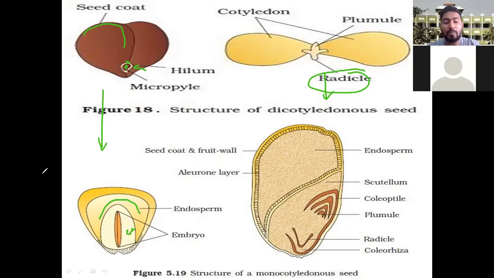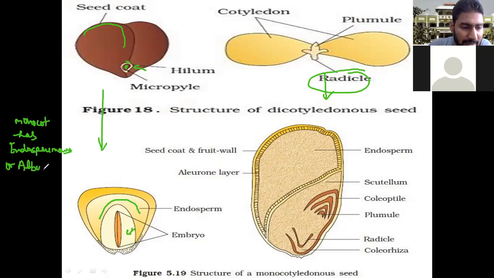In monocots, you have to learn a very important point. I am going to write: monocot has endospermous seed. Endospermous means they will not consume it.